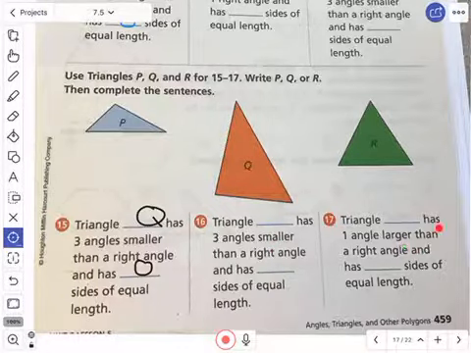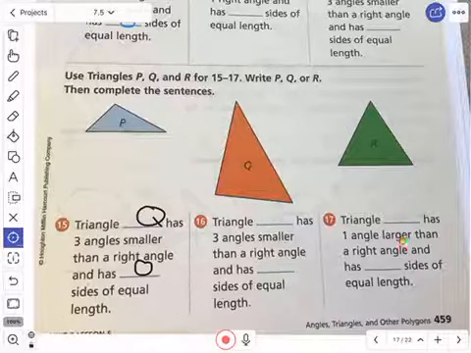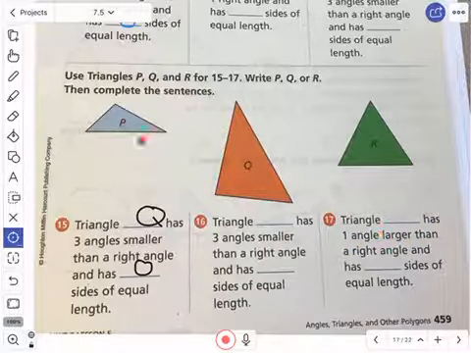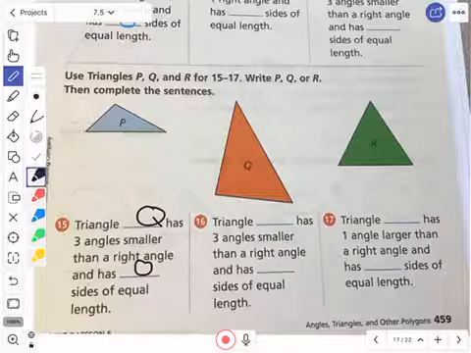And then triangle has 1 angle large. So you're going to have to kind of go through and do some of that processing, and almost process of elimination to figure out what's going to work with this. So because when I look at 17, triangle blank has 1 angle larger. Ooh. Okay, and then when I look back at this one, I was thinking I was going to put P in this one.